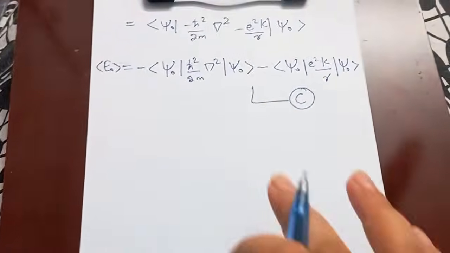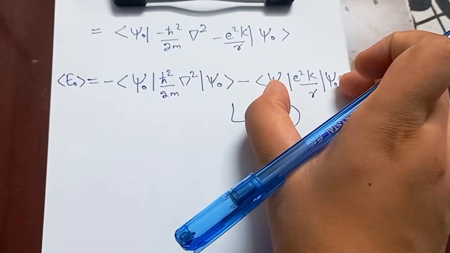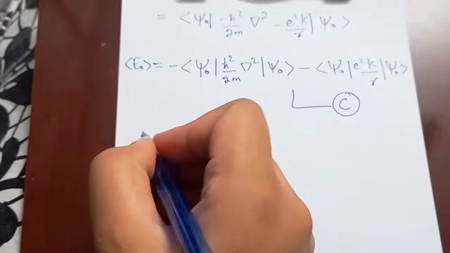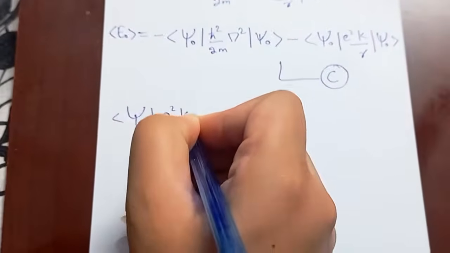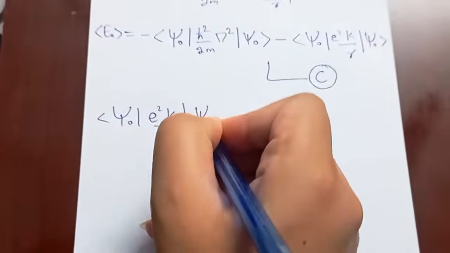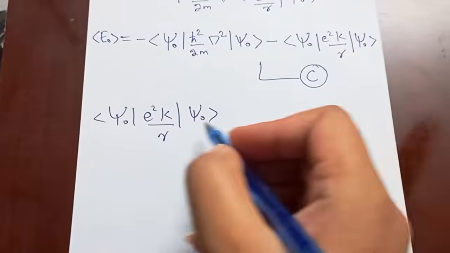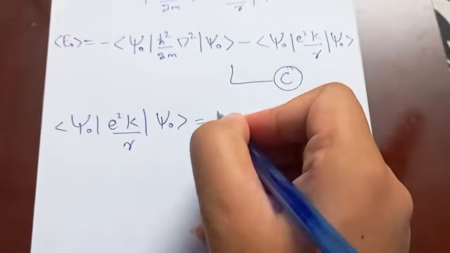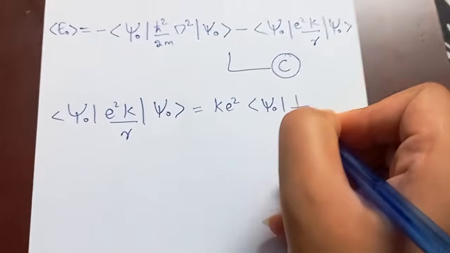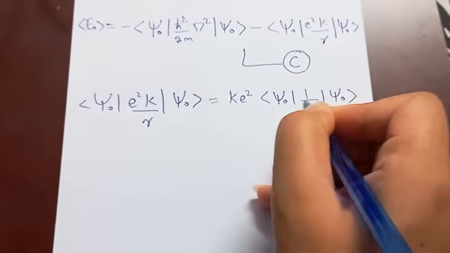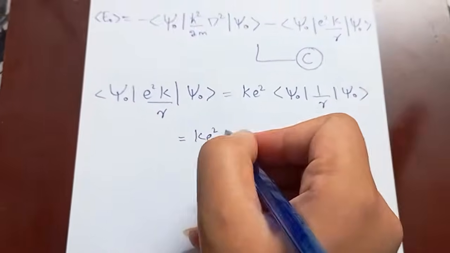All right, now let's calculate this thing first because it will be easy for us to do, and then we'll do this one. Here k e square is a constant, so we can take it out, and inside is left like that. Now we can put the value of psi naught right here. What is psi naught?